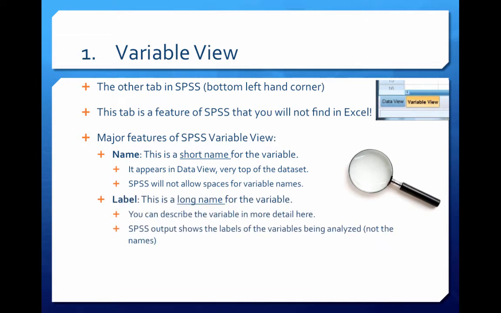The label is where you're going to have a nice long descriptor for it. A lot of people use the entire question from a questionnaire to put in the label, or just a much shorter version of the question, but much longer to describe in more detail what the variable is. So this is what SPSS shows you on the output at the top of your tables. It gives you what the variable label is.